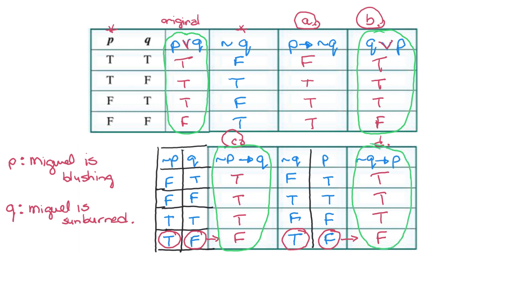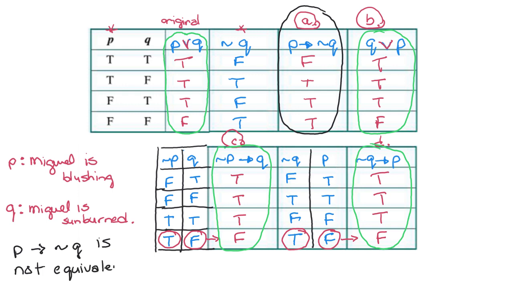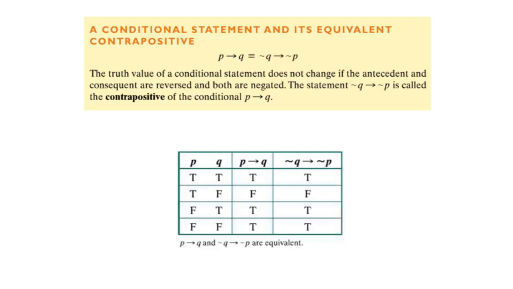So the statement that does not match would be statement A. So P implies not Q is not equivalent. And this would be your final answer for this problem.